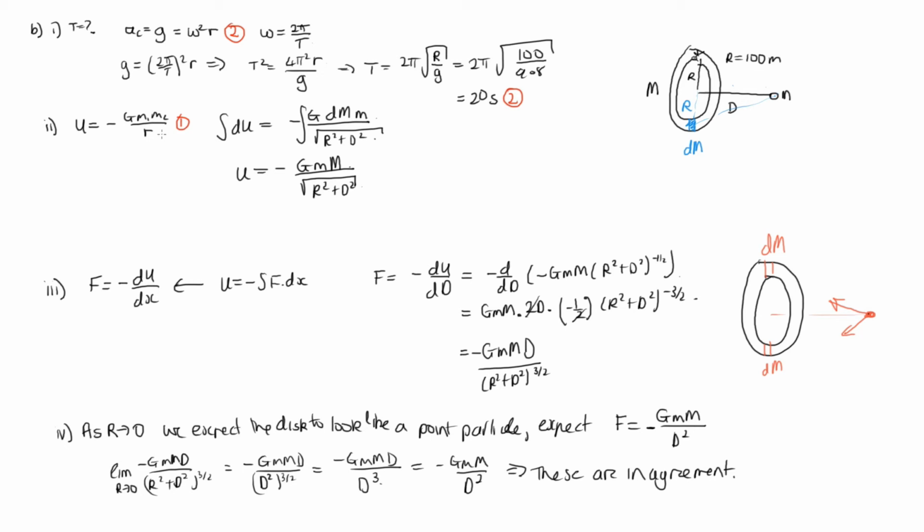We'd get 1 point for realizing that this distance is always the same, however you manage to show that. I showed that by substituting it in here, but you may have written a comment about that. And then we get 1 mark for the final expression. So altogether, this question is out of 7 marks.